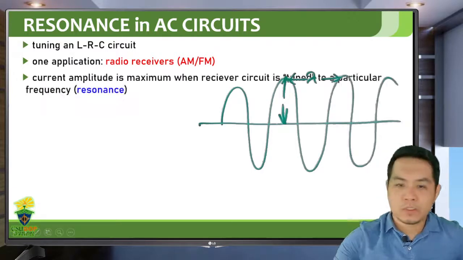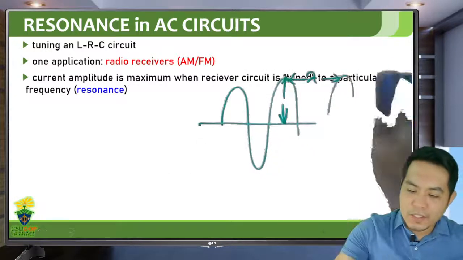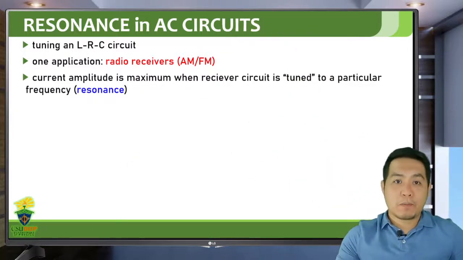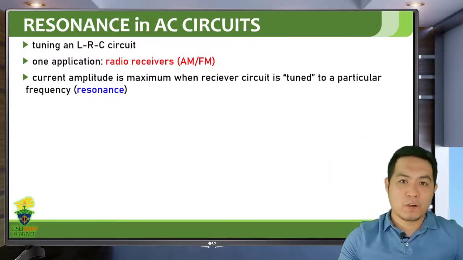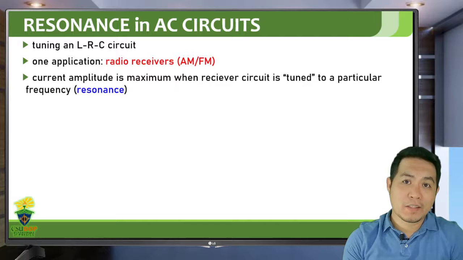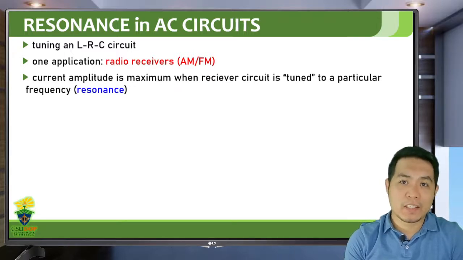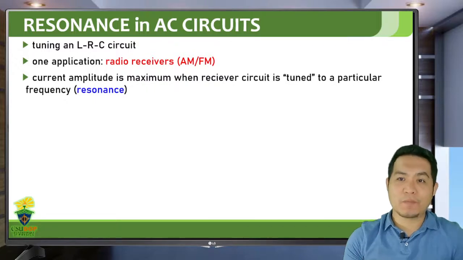So when resonance is achieved in a radio, the current amplitude becomes maximum, when the receiver circuit is tuned to a particular frequency, hence the term resonance. You have discussed resonance when you discussed waves in mechanics, basically standing waves.